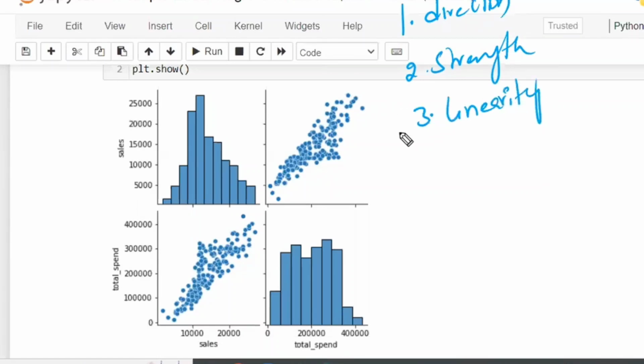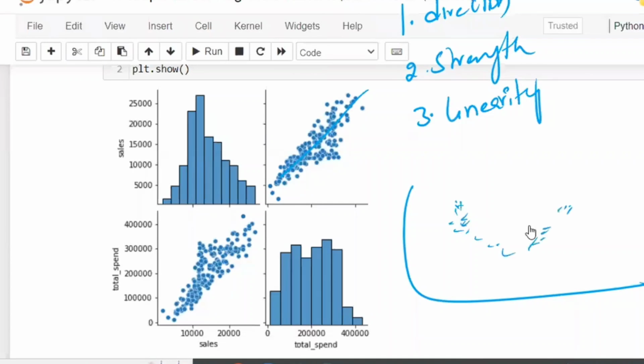That is, whether you can apply linear regression over this or non-linear regression. If you can fit a straight line like this, you apply linear regression. If the scatter plot looks like this, in this case we are going to have a non-linear curve.